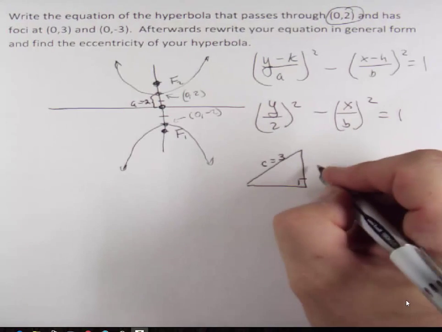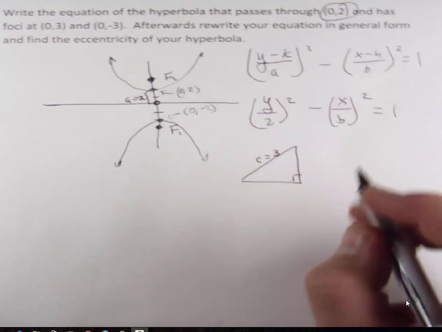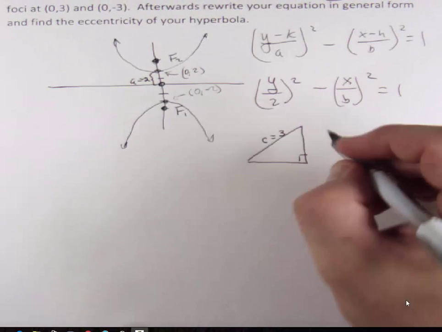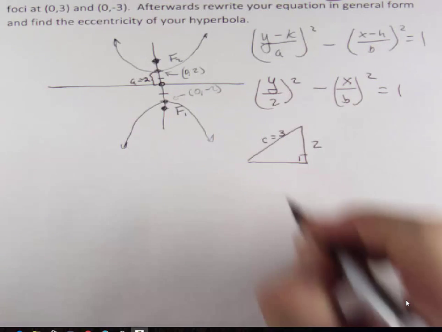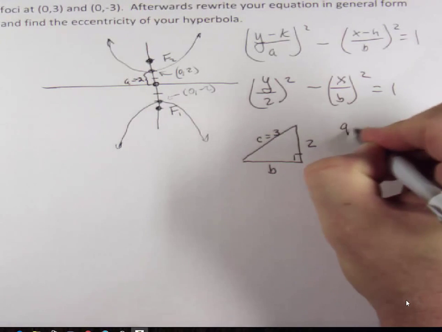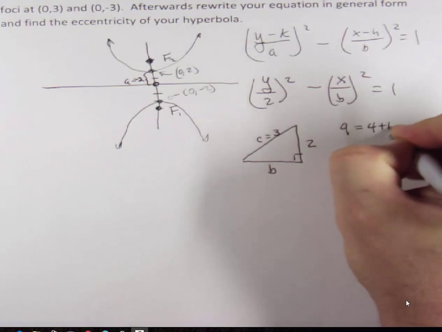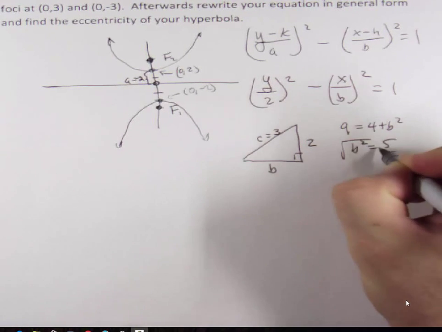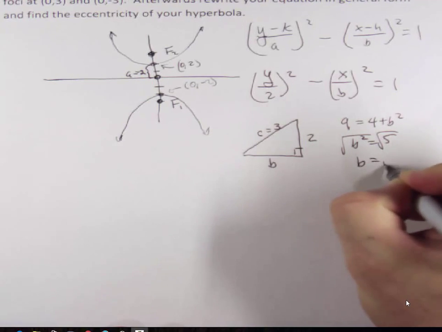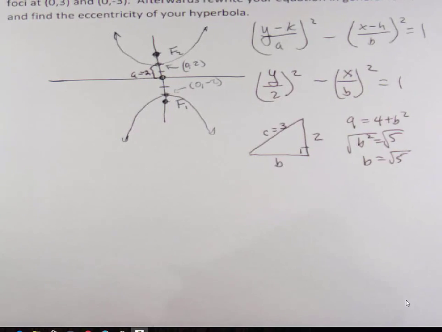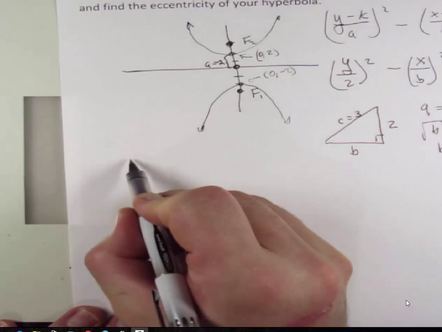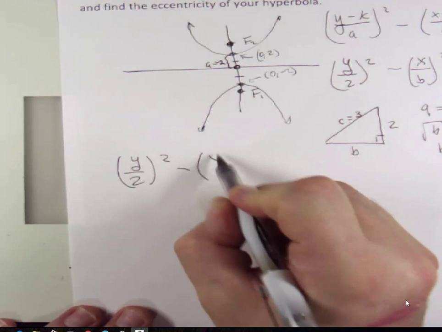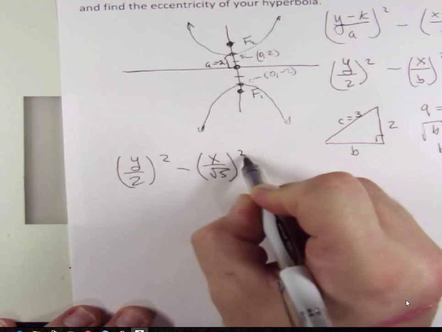We know the vertical focal radius is going to be 2, and here's b. So 9 is equal to 4 plus b squared. So b squared is 5. And we know that it's a focal radius, so we only need the positive one. So that's root 5.